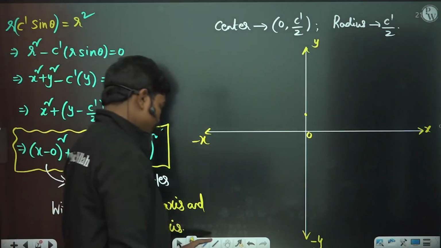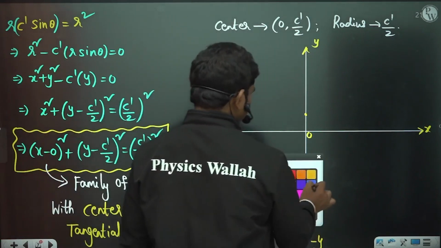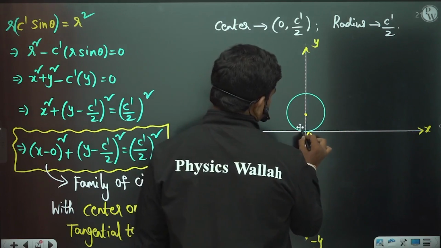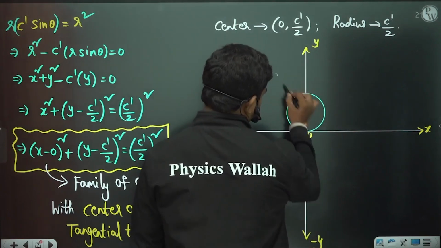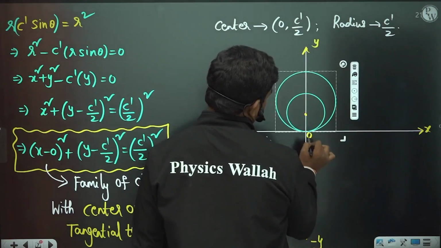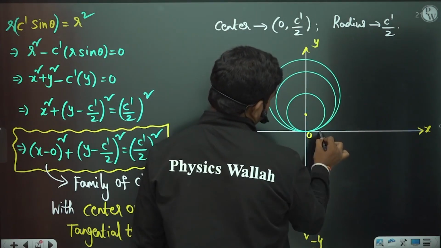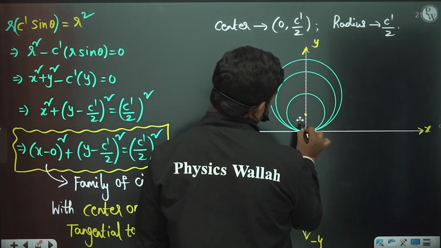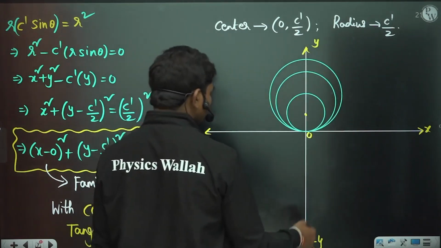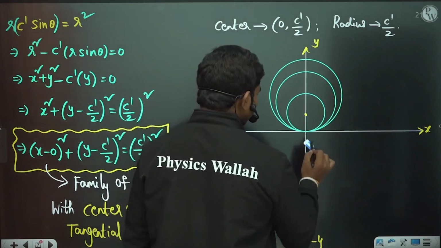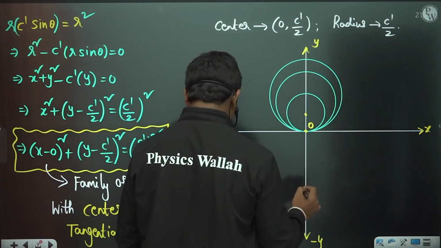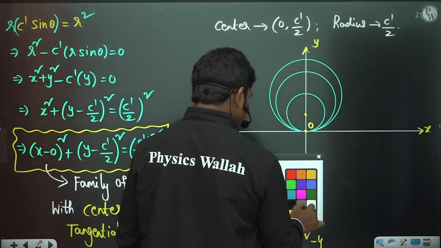Okay, so now if you keep these circles, these streamlines, like this, you have a lot of circles. Similarly, for negative values of c dash by 2, since c dash can be an arbitrary constant, it can be anything. So if this is the origin, then your circles are again something like this.